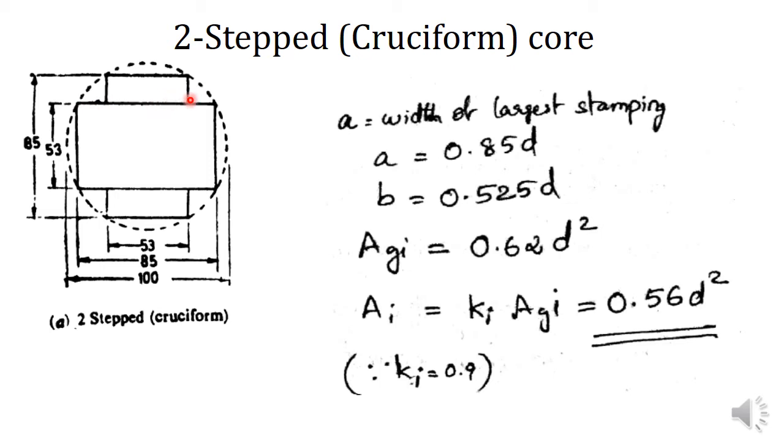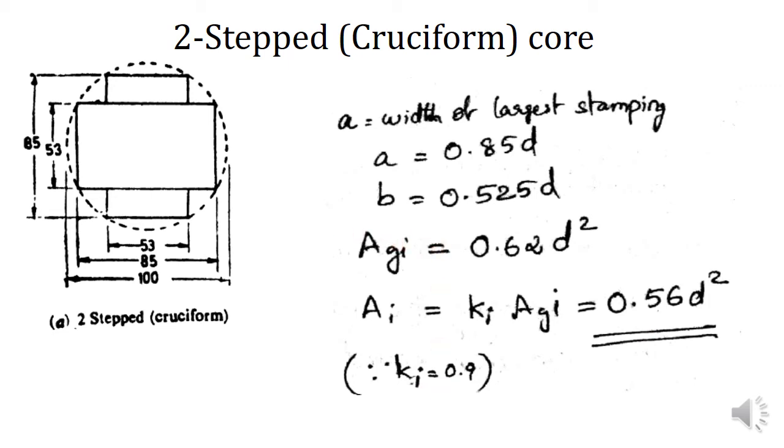This is the largest stamping and this is the smaller stamping. Then there are two different stampings used for two-stepped core. And here small letter a is equal to 0.85 d and b is the width of smaller stamping. b is equal to 0.52 d. And the relations to be remembered are AGI is equal to 0.62 d square and Ai is equal to 0.56 d square, assuming Ki is equal to 0.9.